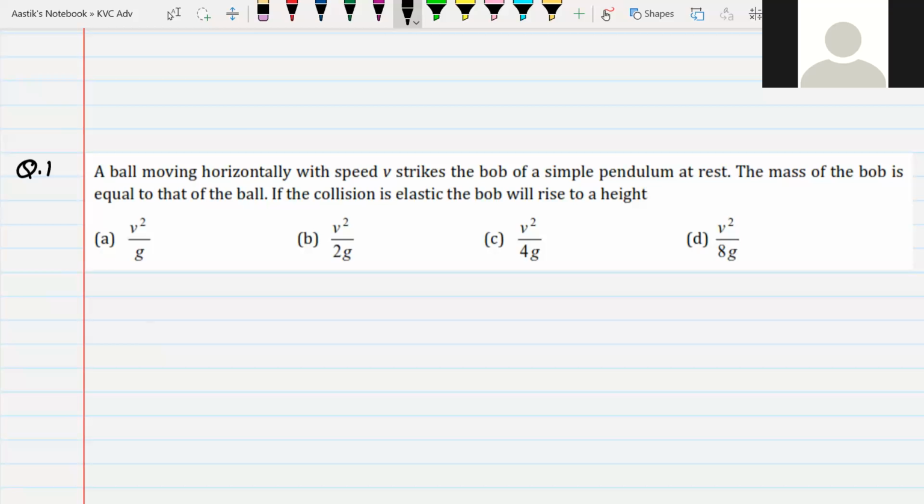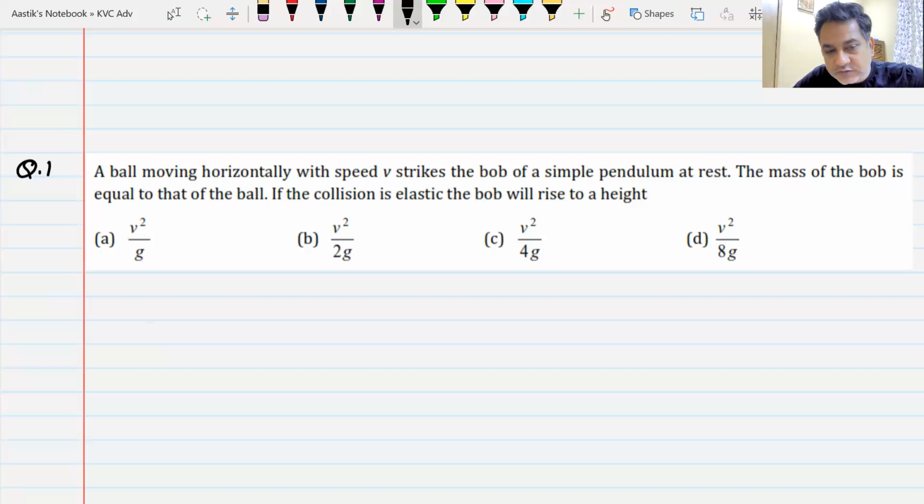No one? No one knows the answer. V square by 2G, sir. V square by 2G. That is correct.